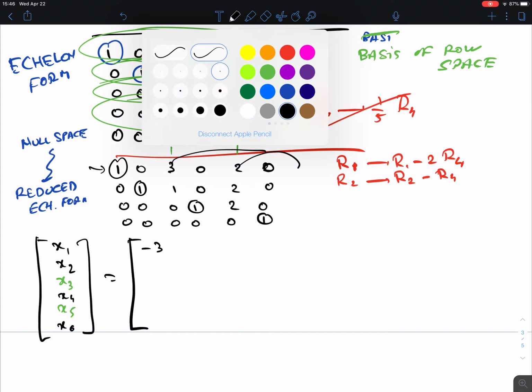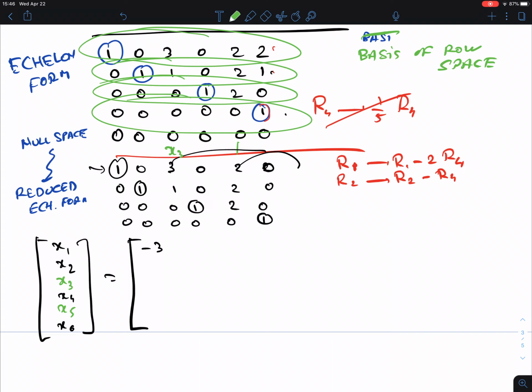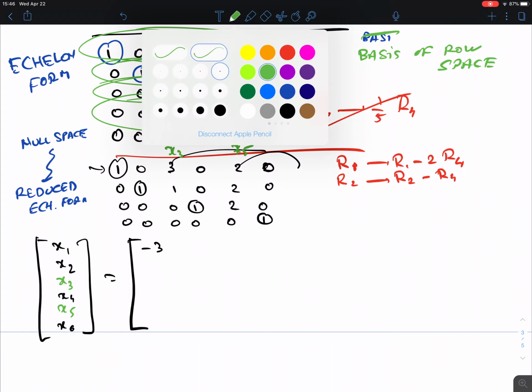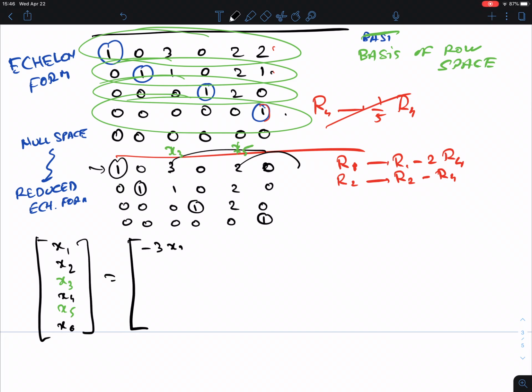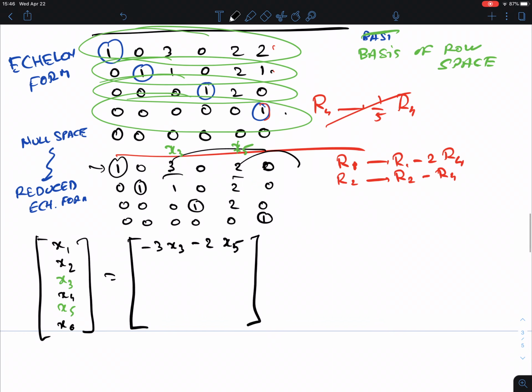Sometimes it's better to write these guys on top of it, otherwise you get lost. x2, well, we have the minus x3 here, and then also minus 2 times x5.